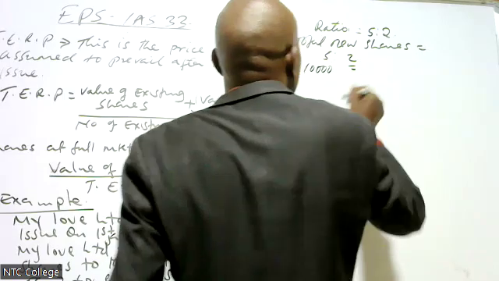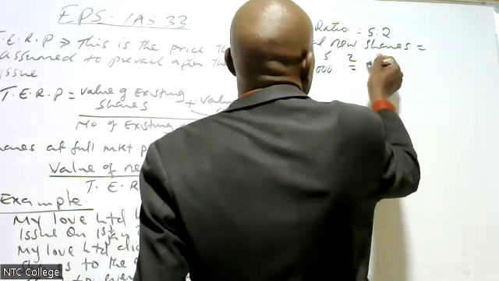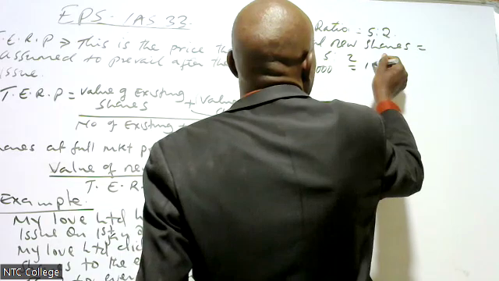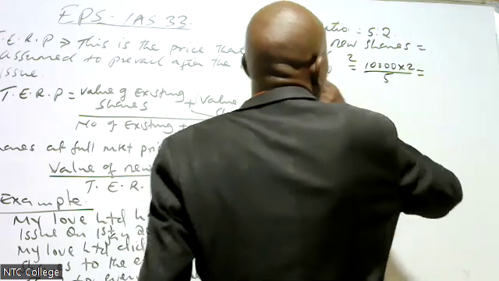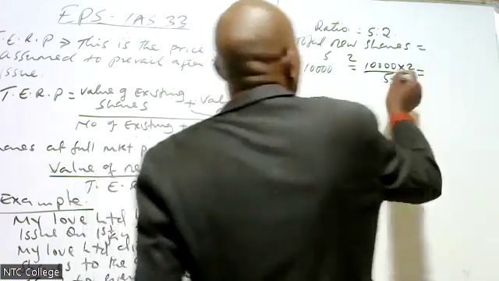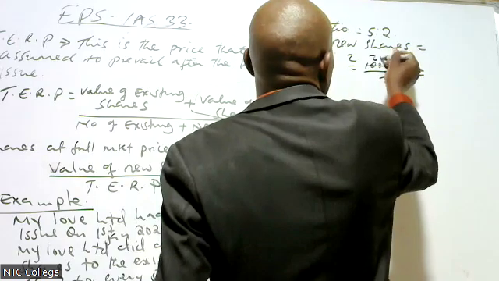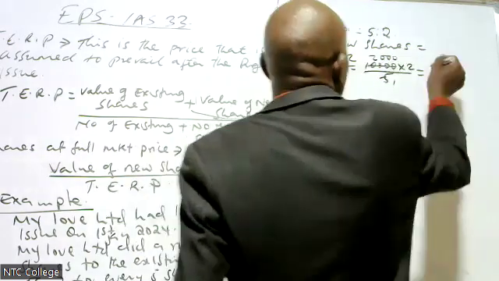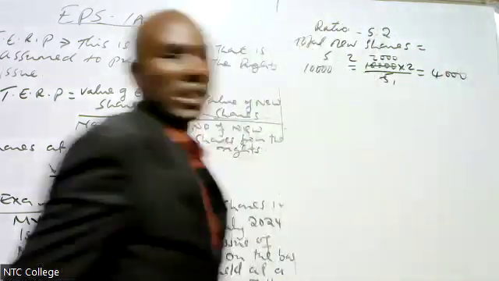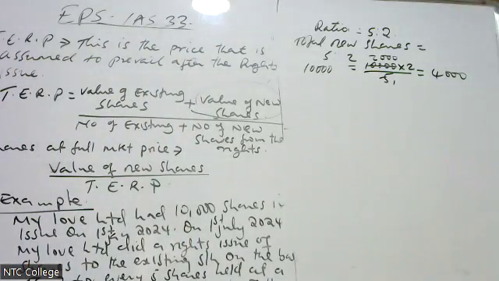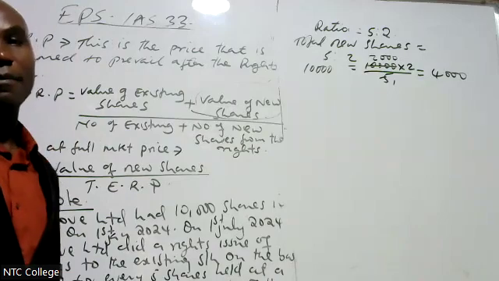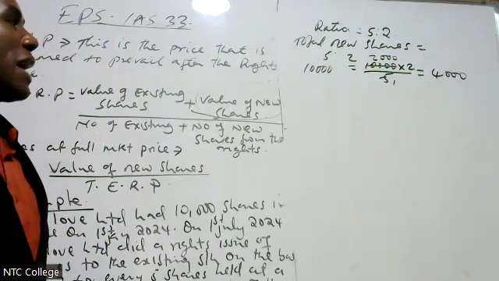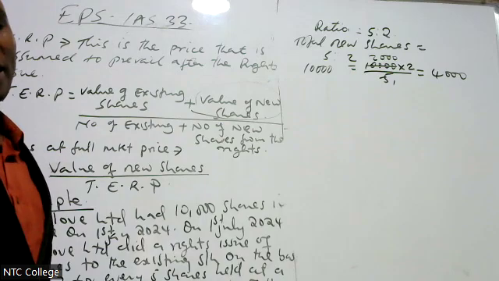Because the existing shares were 10,000, it will be 10,000 times 2 divided by 5, which is 4,000. Our new shares is 4,000. That is the new shares I'm getting from the rights.